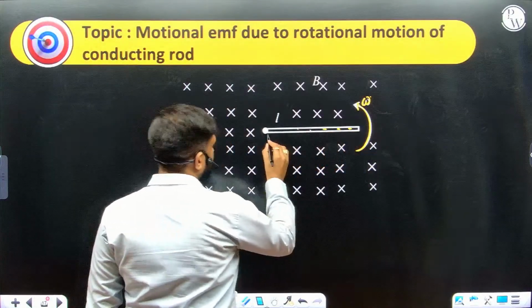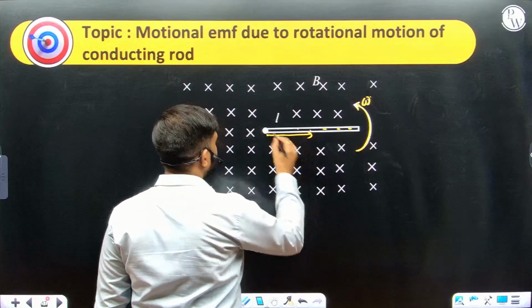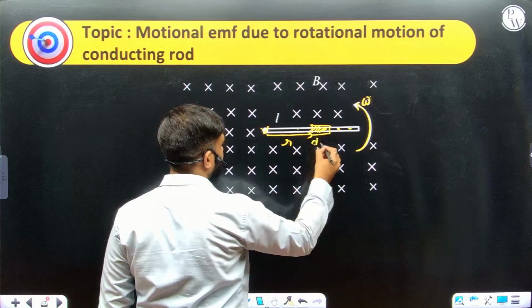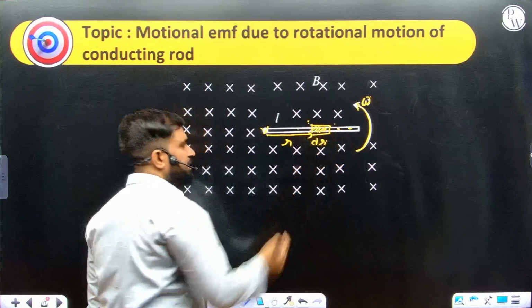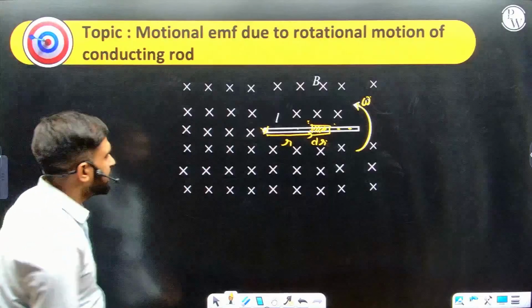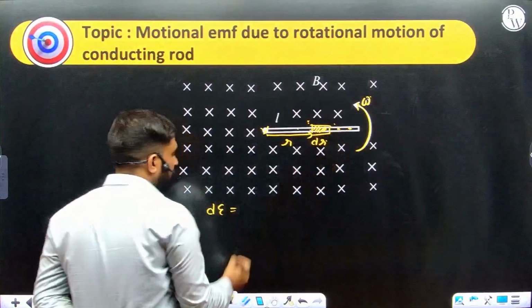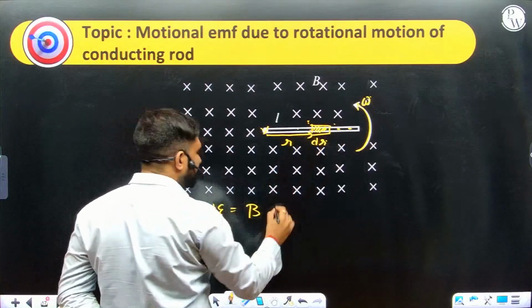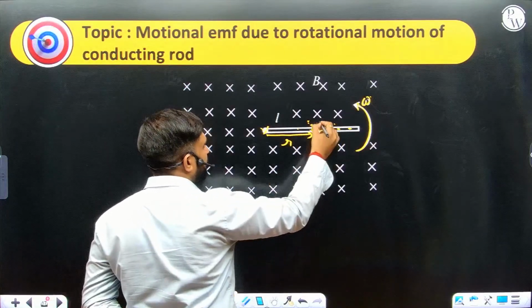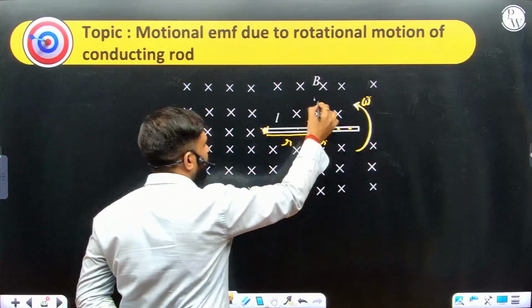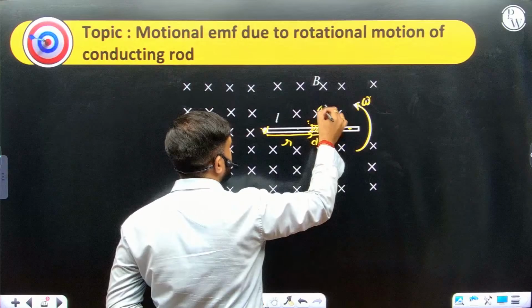At any random distance r, if I take a little element of length dr, across this there will be some induced EMF. The little induced EMF across this will be B, the length is dr, and the speed will be omega into r, if it's rotating with omega. Correct or not?